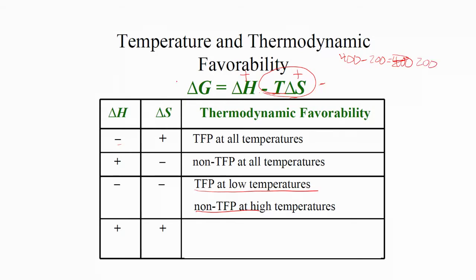In that case, my delta G is positive, and I'm not thermodynamically favorable. So I am only going to be thermodynamically favorable if the temperature is high. This T delta S value has to be high enough that it overcomes the positive delta H.